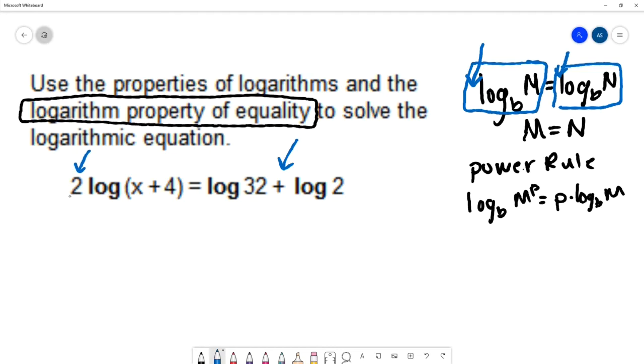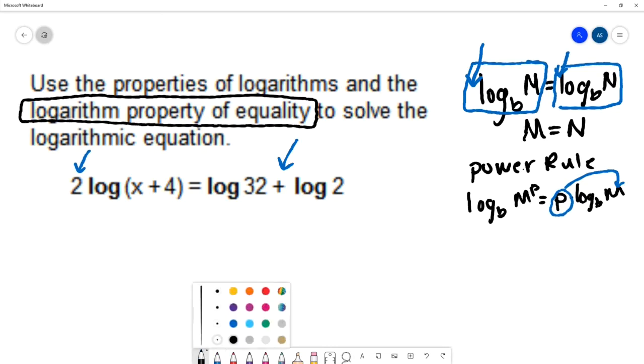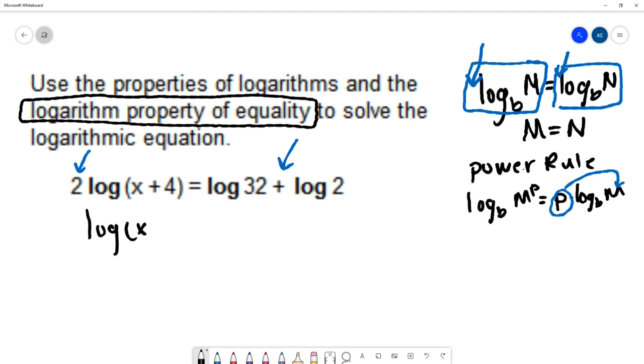So that means that we're going to be able to take this coefficient and move it into the power. So on the left hand side we'll have log of x plus 4 squared. So we move that coefficient to become the power on what's inside the log.